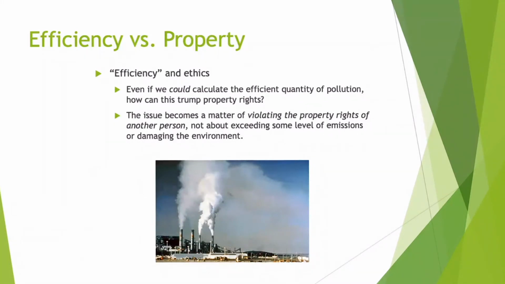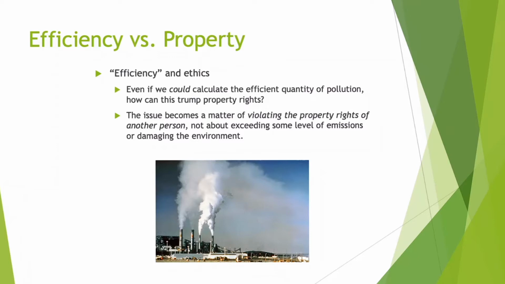So really, for Rothbard, it's a matter of violating the property rights of another person. So if you dump something into the air and other people had not consented to that, or you had not homesteaded that right to dump that material into the air, then you are violating their property rights.